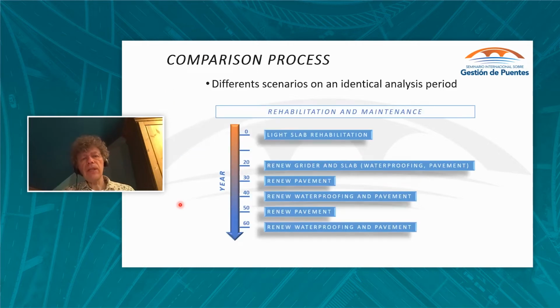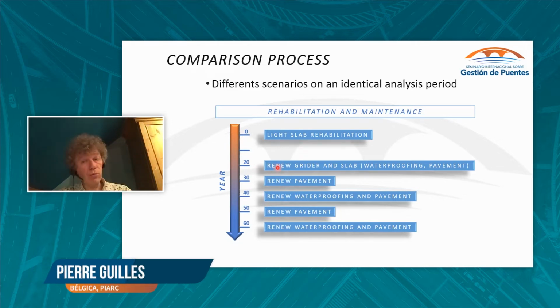So we have to compare different kinds of rehabilitation methods, and to do that we will consider different scenarios, and we will look at every step that has to be performed during the analysis period. If I look at this first scenario, for example, I can see that I will perform a light slab rehabilitation now, and that in 20 years I will renew all the girders and the slab, including waterproofing and pavement.